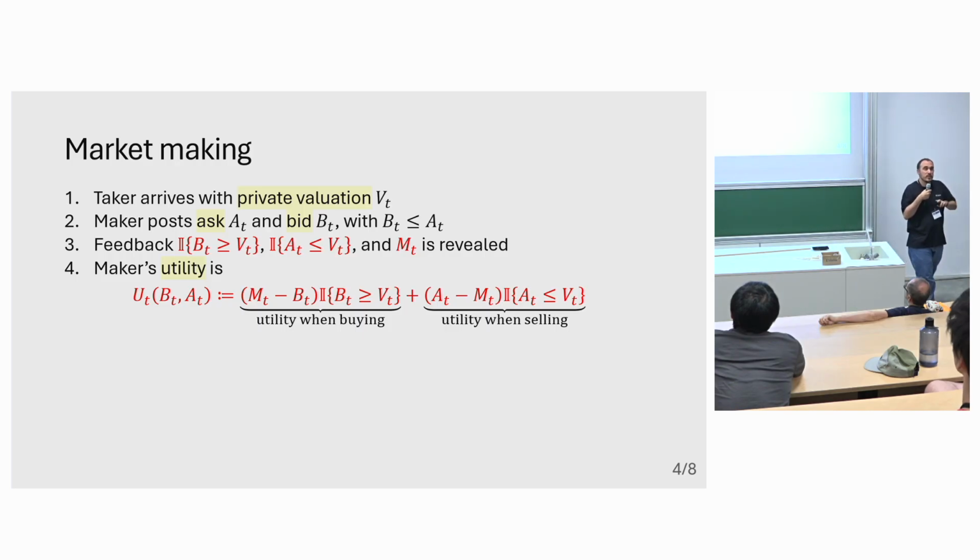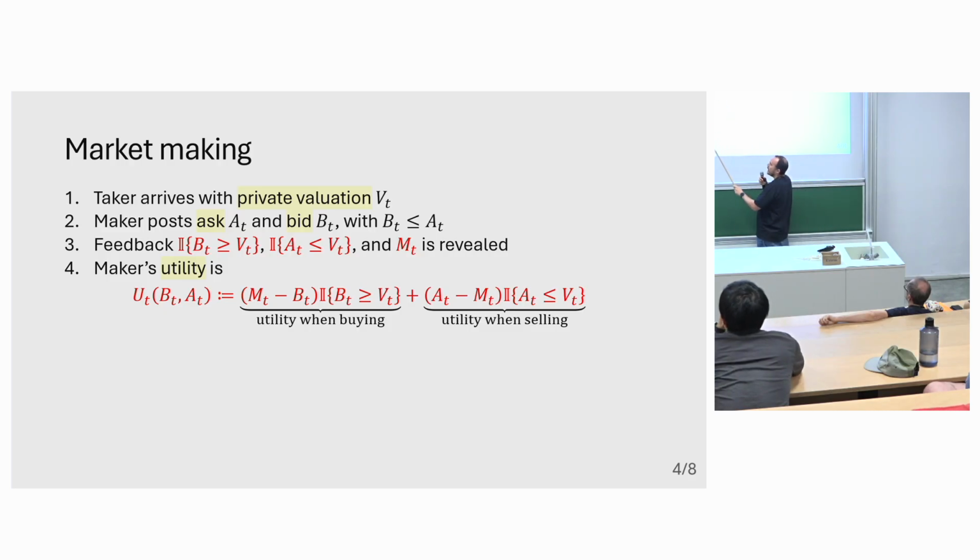The utility, as you see, is the sum of two terms. The first is the utility that the maker gets when they buy something. If you have in mind first price auctions, you will see that this is the same type of utility you have in first price auctions. You have a utility only if you beat the highest competing bid, and in that case, you get some value minus what you paid.